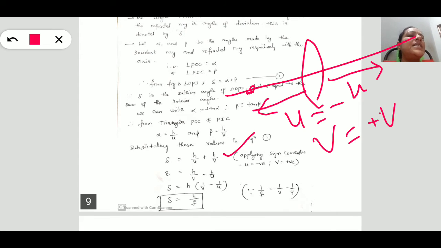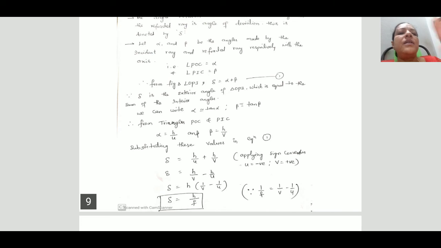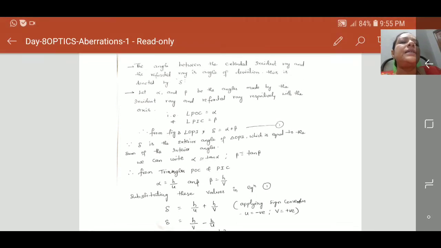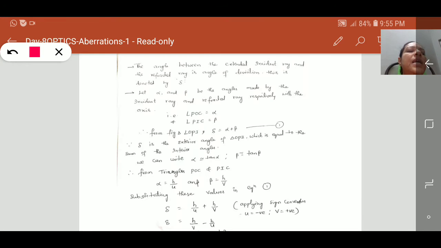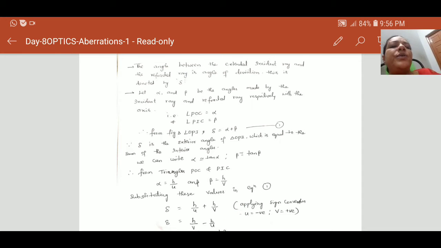So by placing this sign convention, we get delta is equal to h by v minus h by u.